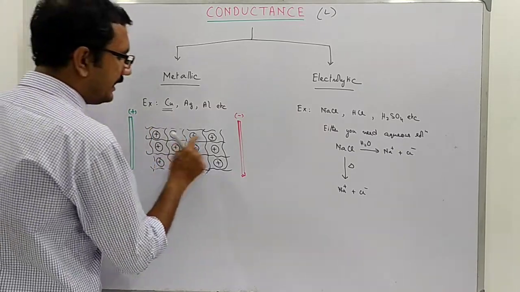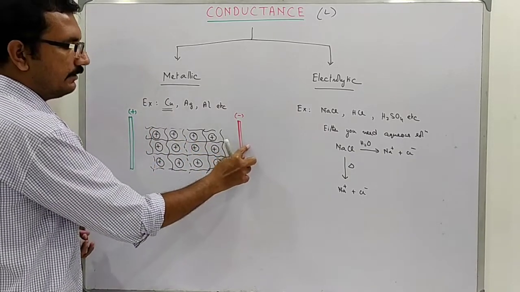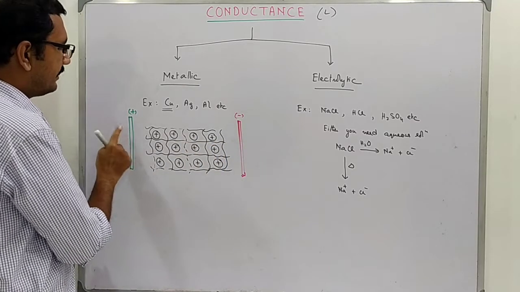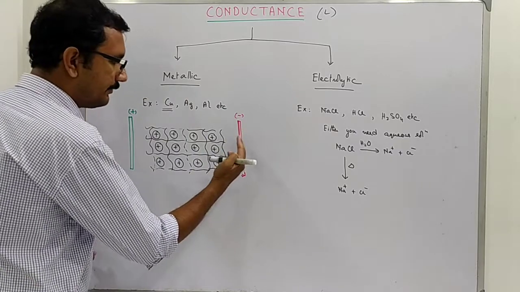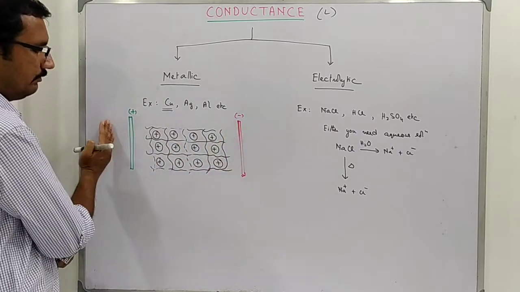So, this sea of electrons will be repelled by this charge and will be attracted by this electrode. So, the sea will shift from this negative electrode to this electrode.